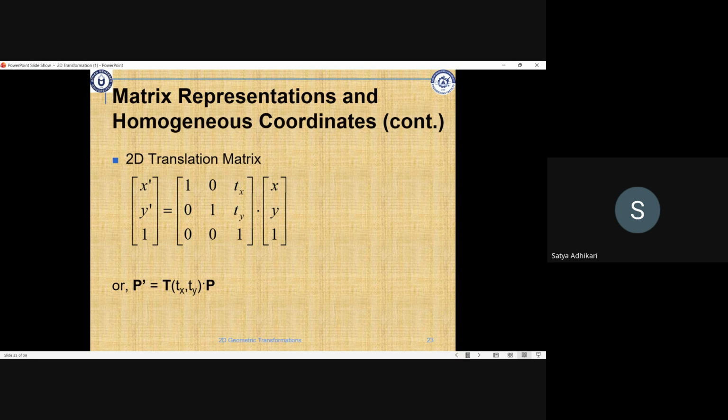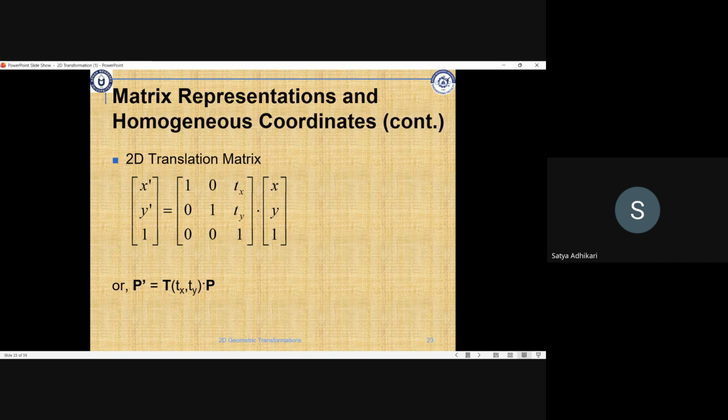Similarly, if we multiply the right hand side, I am discussing the right hand side. If we multiply the second row with the first column, 0 into x plus 1 into y plus ty into 1. So y dash equal to y plus ty. You see, now I have added another row. Now you multiply the third row with the first column from the right hand side. 0 into x plus 0 into y plus 1 into 1.